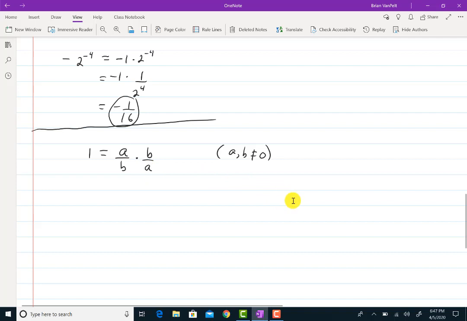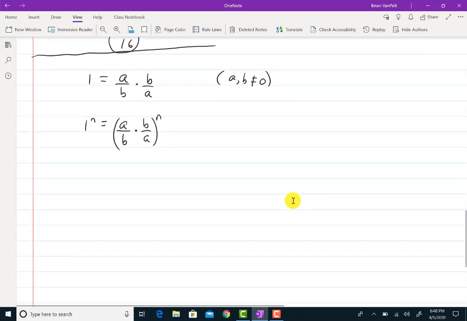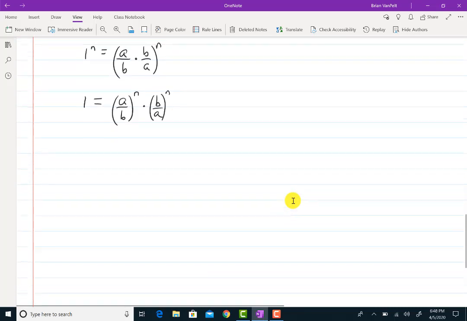But what I'm going to do is raise both sides to the nth power. Now, one of our rules said that we can break that expression up on the right-hand side into a divided by b to the n times b divided by a to the n. On the left, 1 to the n is still 1. So I just needed to take it to the nth power to get where I'm going here.